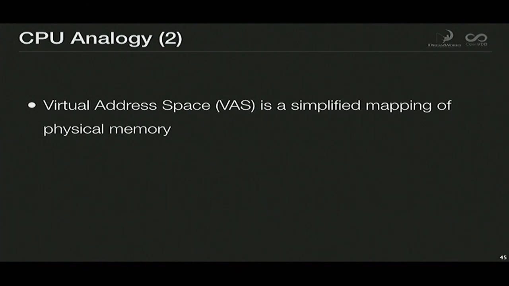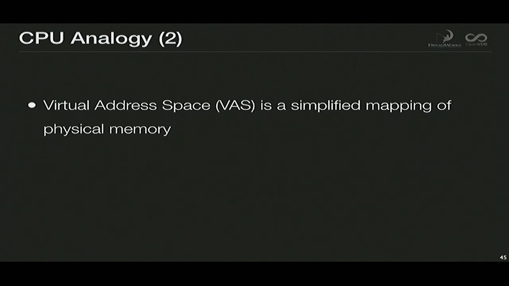Okay, so there's another analogy to this that I really like, from the world of CPUs. As you saw before, the memory hierarchy in CPUs is pretty complicated. And you may wonder, how do you shield that from the programmer? And of course, we've introduced this thing called virtual address space, which you can think of as a mapping between physical memory and virtual memory.